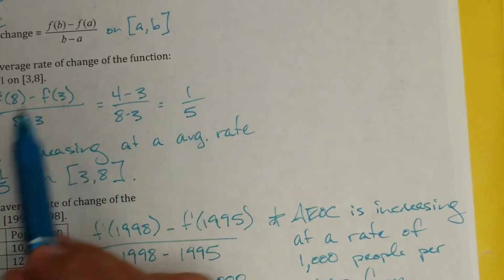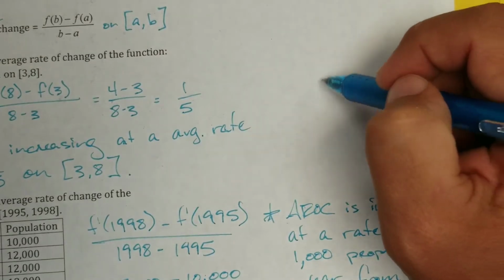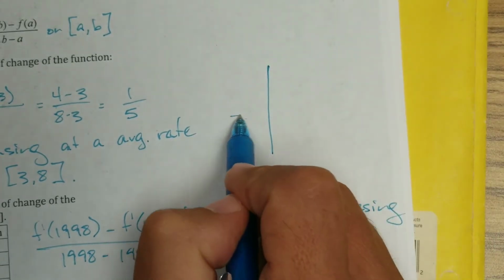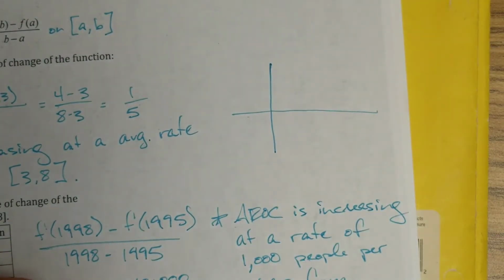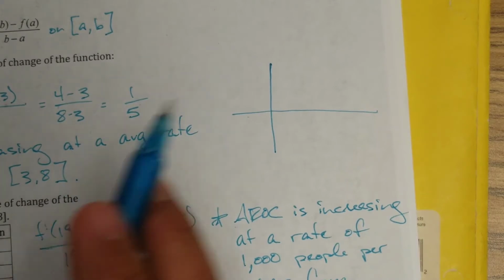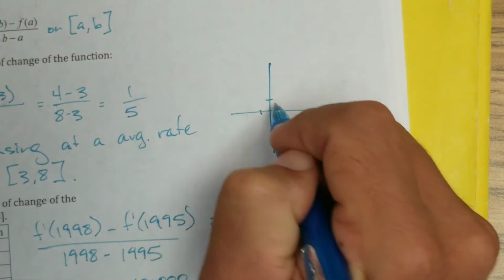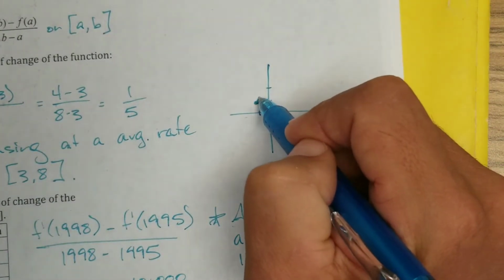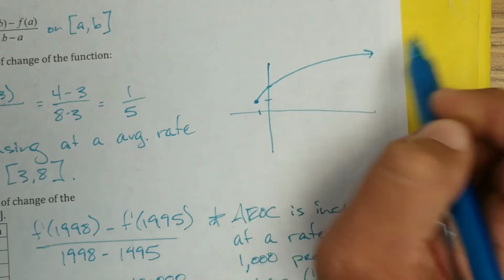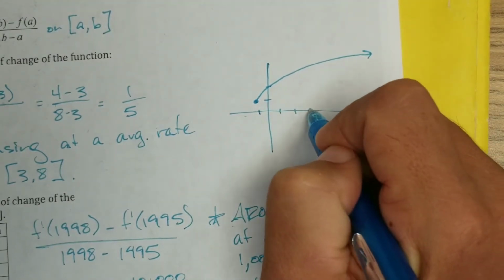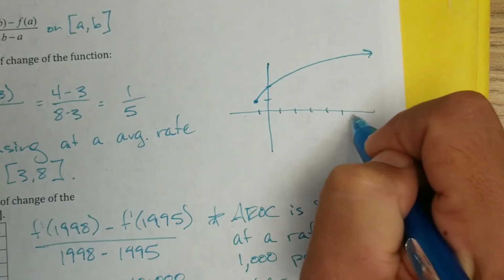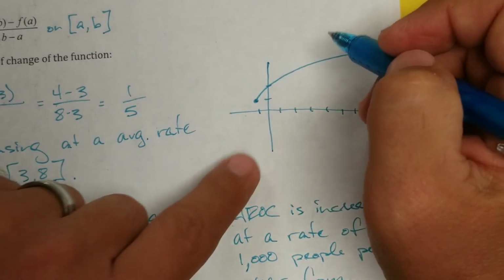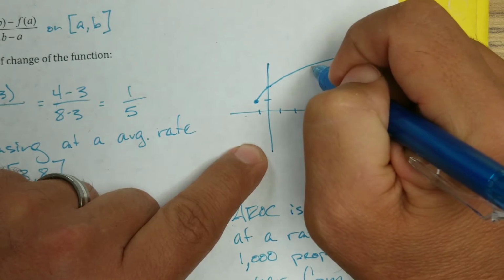This example one, I intended to give you a picture for this, so if you want to draw a little picture over here, you can see what's going on. But you're talking about a square root that moves left 1 and up 1. So it'll go through right there at 2. So there's our curve. And we're going to find the average rate from 3 to 8.